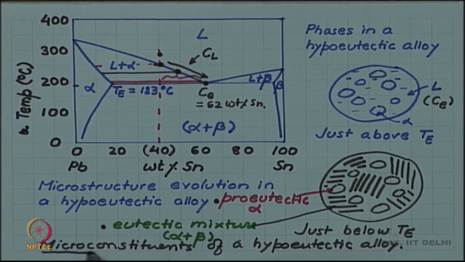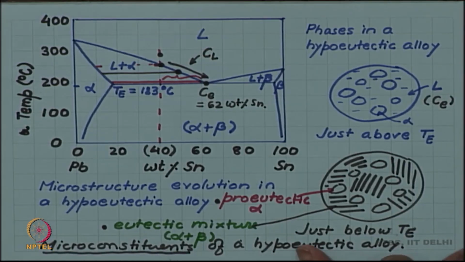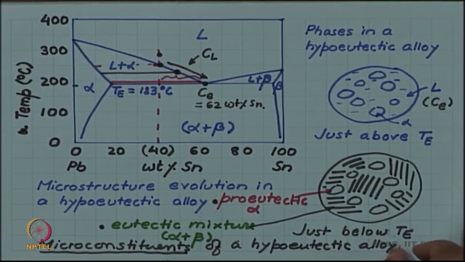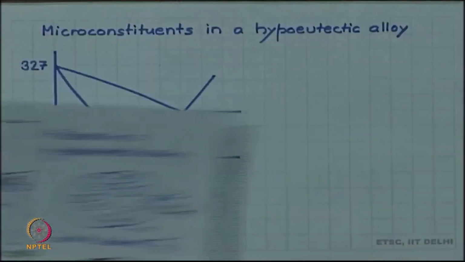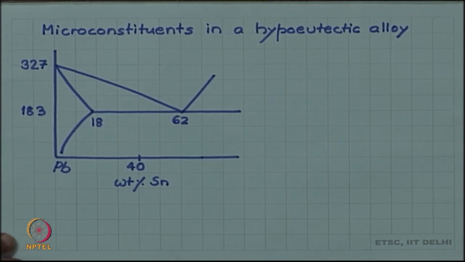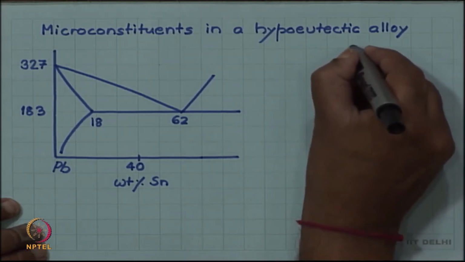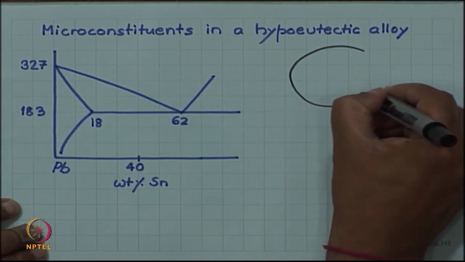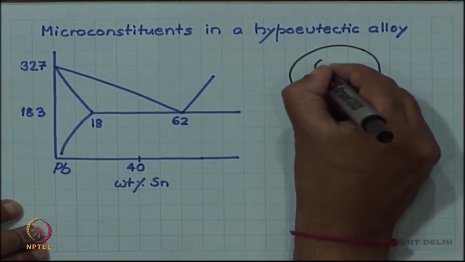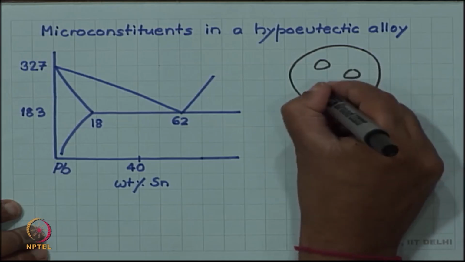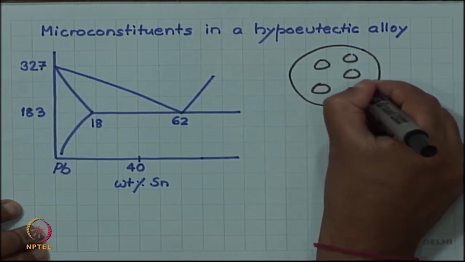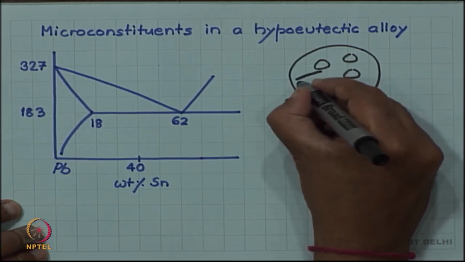So, this terminology microconstituent is common while discussing the microstructure and phase diagrams. Let us look at how to determine the microconstituents of the given alloy. If you wish to determine the microconstituents, remember we had the alloy, and we had some pro-eutectic alpha, and we had eutectic mixture.